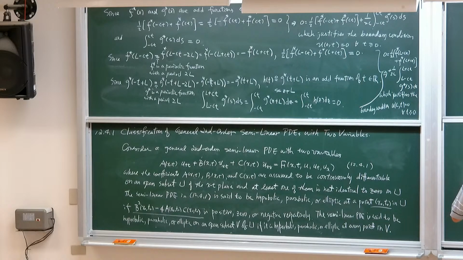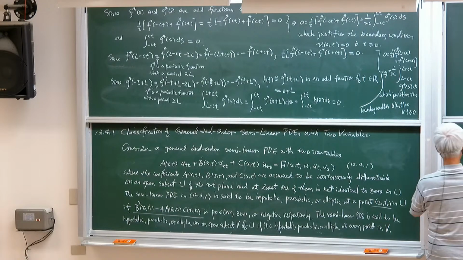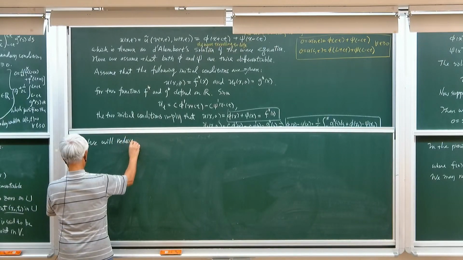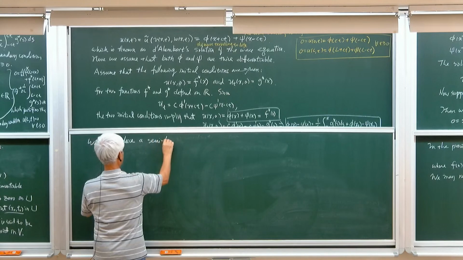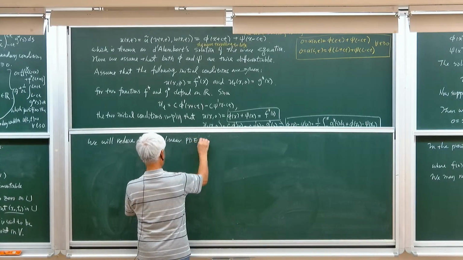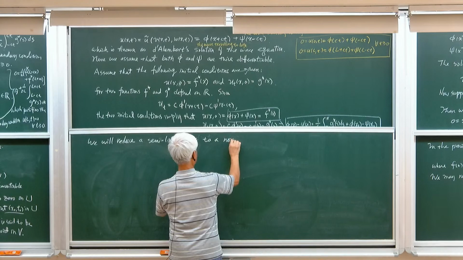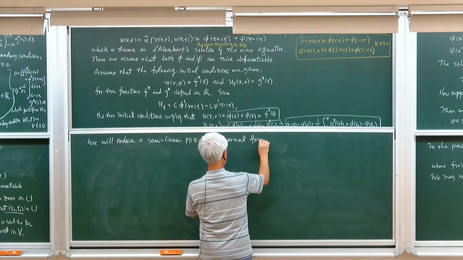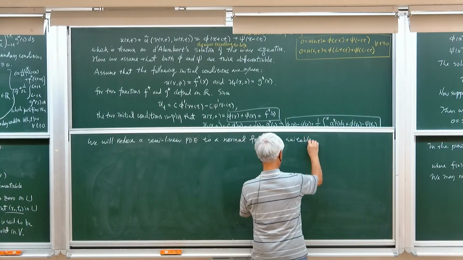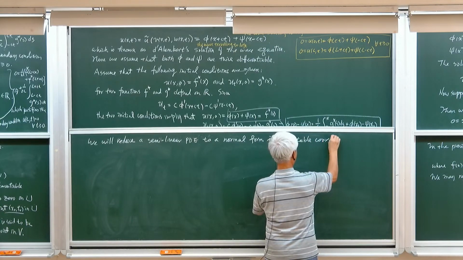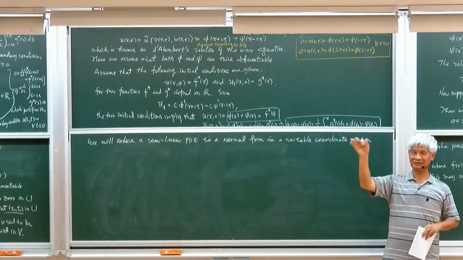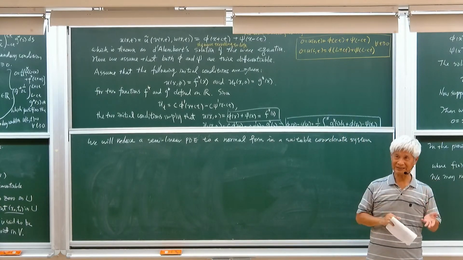Anyway, now our purpose is that we will reduce a semi-linear PDE to a normal form in a suitable coordinate system, just like we have done for the wave equation, right?